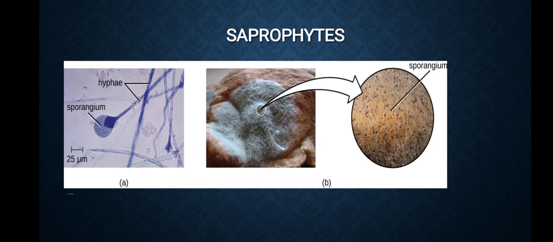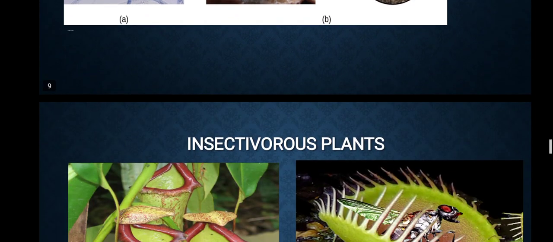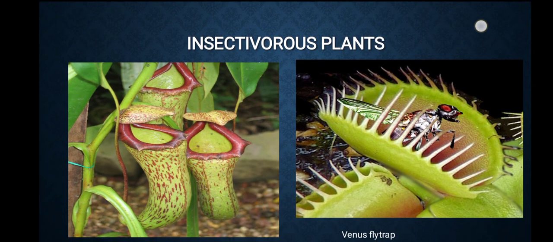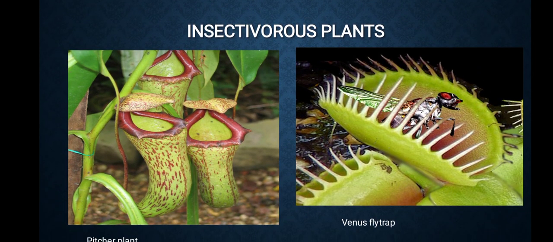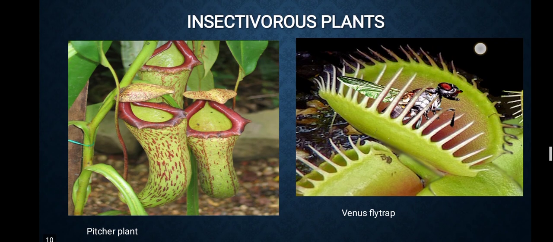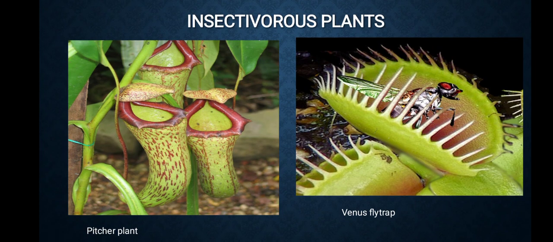Okay, students. Let's move towards the next slide. Insectivorous plants. So students, look at the image carefully. First one is a pitcher plant and the second one is a Venus flytrap.